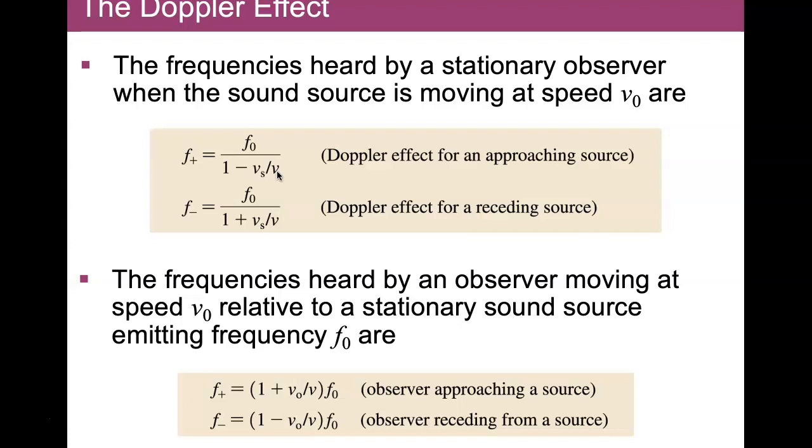So instead of the source approaching you, maybe you're running toward the source. So they're closely related formulas. So in this case, VO is the speed of the observer, and V again is the speed of sound. So let's think a little bit about this as well.